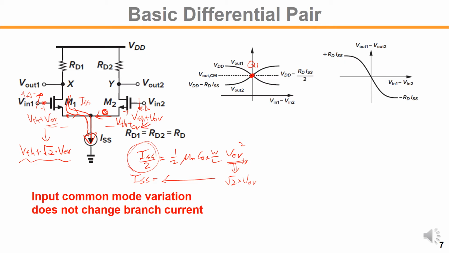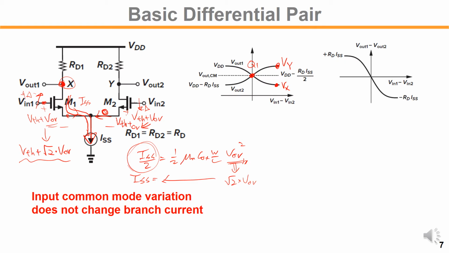So at that point, all the current will flow through the left hand side, and then X will be the lowest voltage. So Vin goes up, and that is the operating point where Vx and Vy are set.